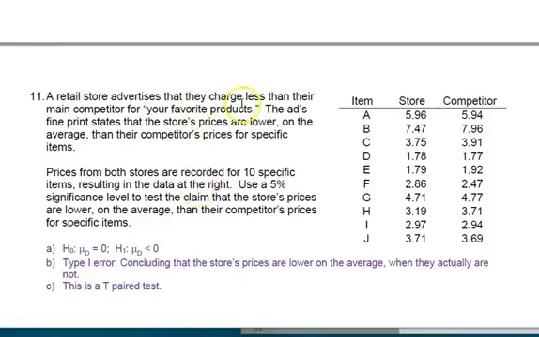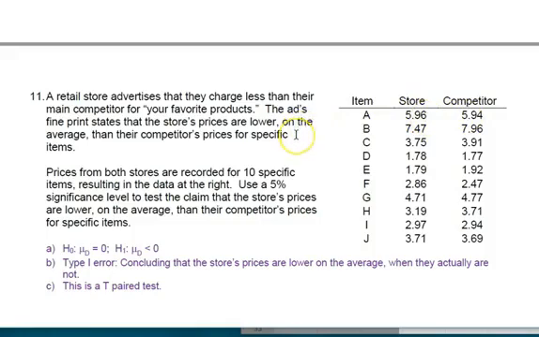One more of these. In this one we actually have the data. We've got prices for specific items at one particular store and at their competitor's store. The claim is that the store's prices are lower on the average than their competitors for specific items. Notice for each one of these items we have two different measurements, two different prices.